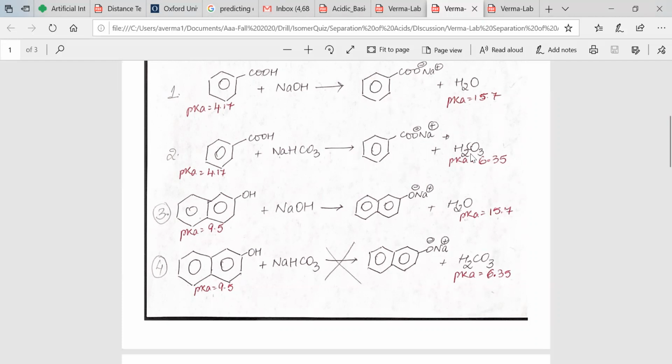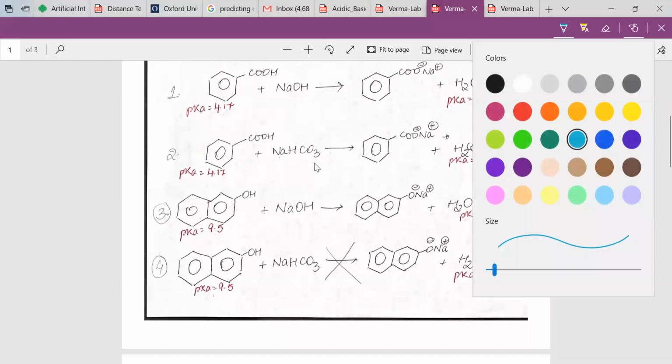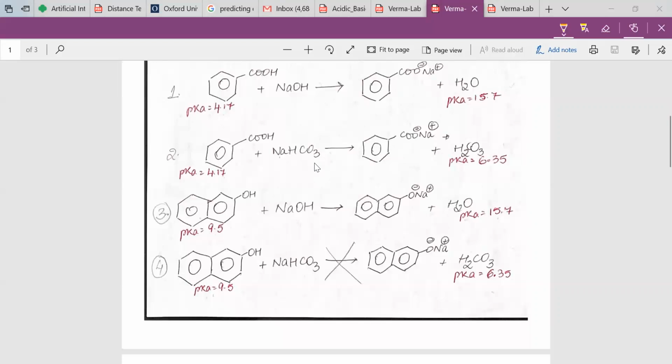But paying attention to the pKa values, we still observe that the resulting molecule's pKa value is higher, which means it is a weaker acid, whereas the pKa value of the starting acid is lower, which means it is stronger. And hence, this reaction will also go in the forward direction.